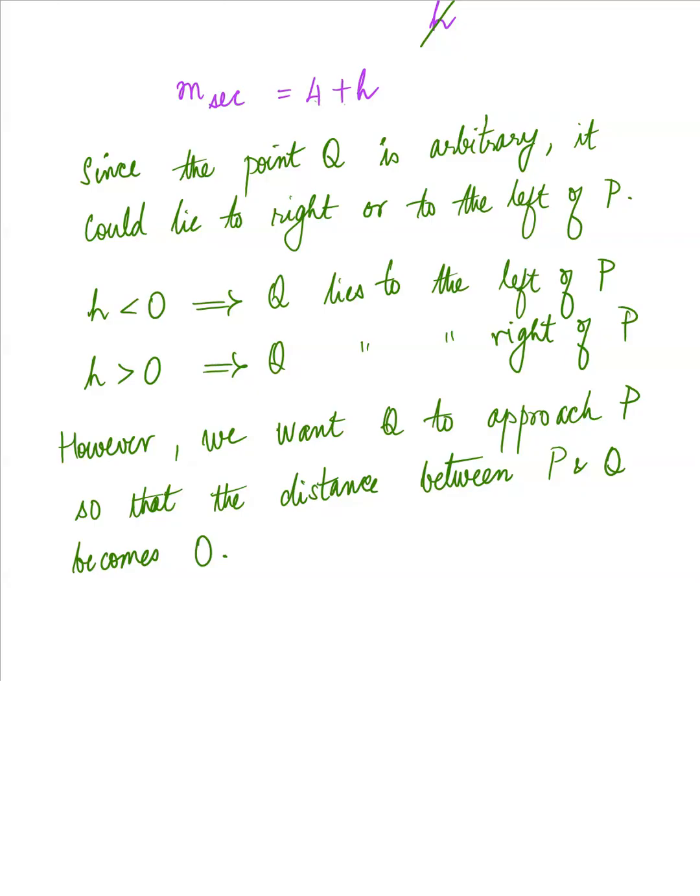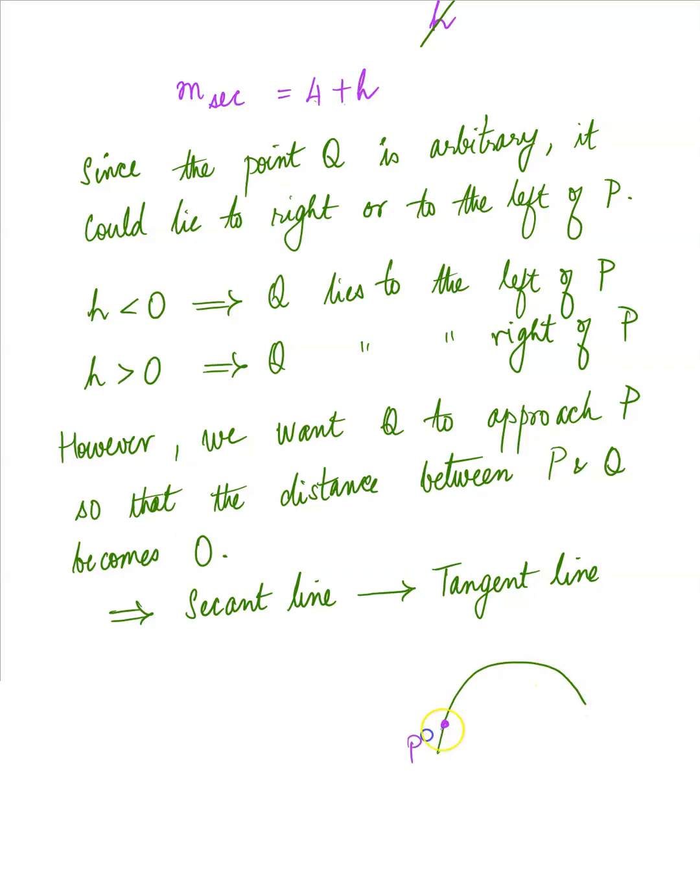So this means that the secant line would approach the tangent line. That makes sense, right? Because again, let me give a quick description of that. So now we have P and Q. That's the secant line.